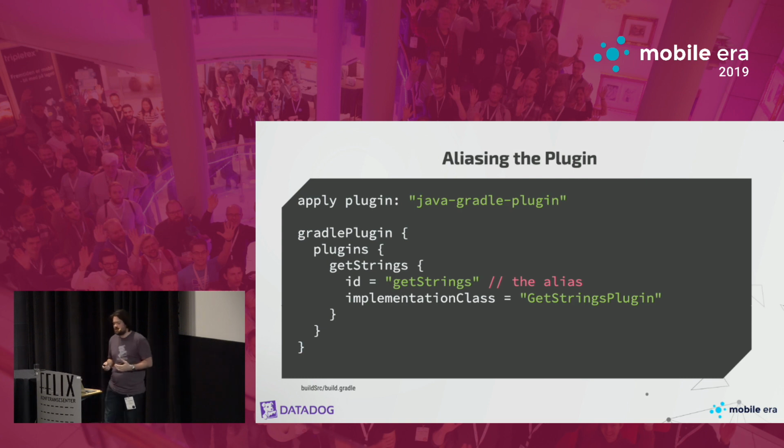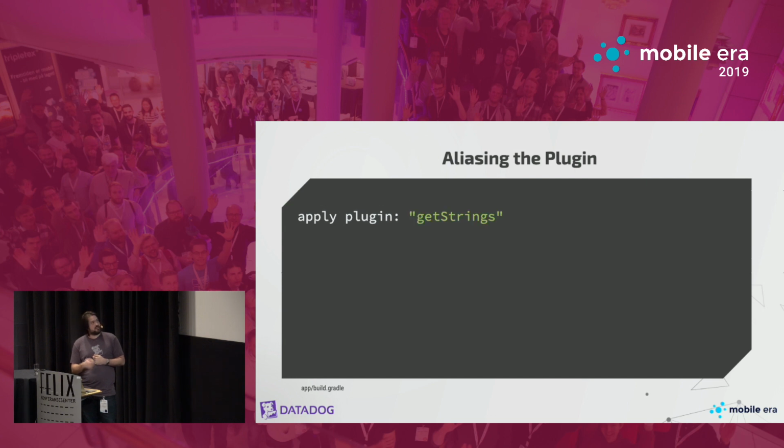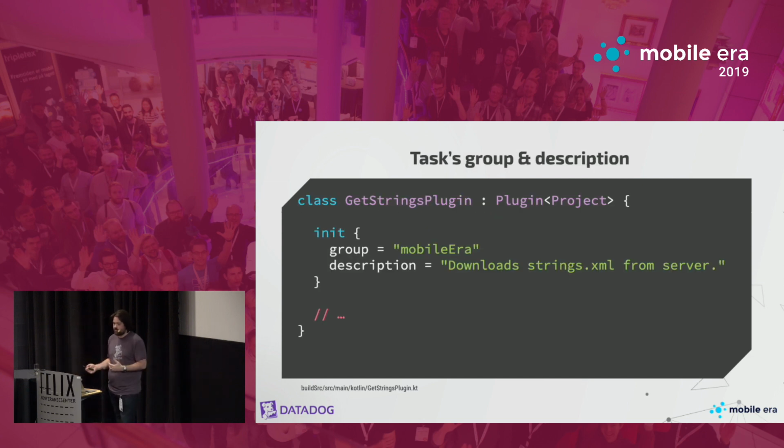Whenever the project is compiled, and whenever it compiles the buildSrc module, it's going to generate a manifest that's going to be understood by Gradle, saying that when you say plugin getStrings, it's going to use this class as an implementation. So instead of using import GetStringsPlugin and then applying it, you can just say, I'm applying the plugin named getStrings.